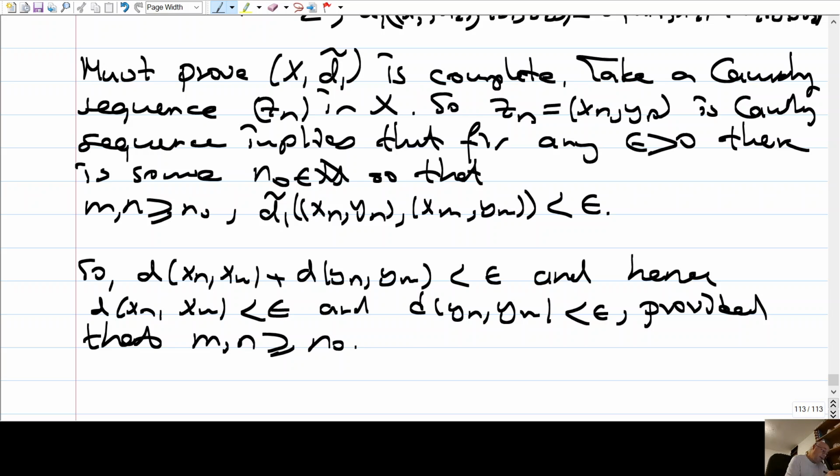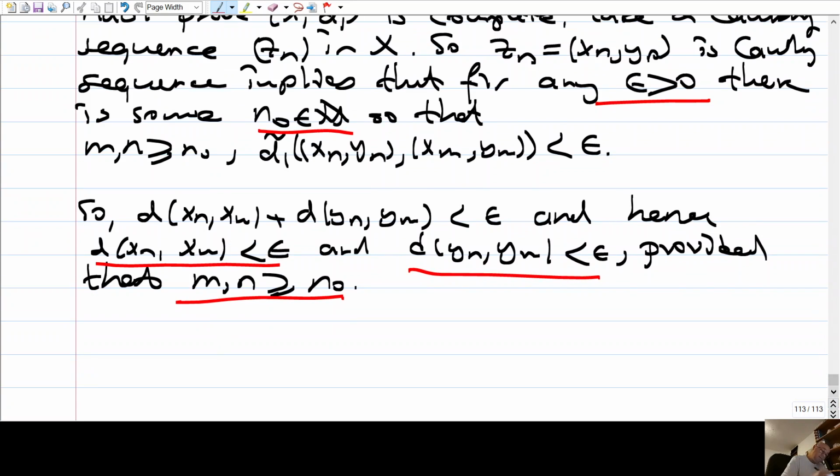But you see what we have obtained. Whenever we are given an epsilon, there is some n0, so that if m, n are larger than n0, this thing is less than epsilon and this thing is less than epsilon. This means that both of these sequences are Cauchy.